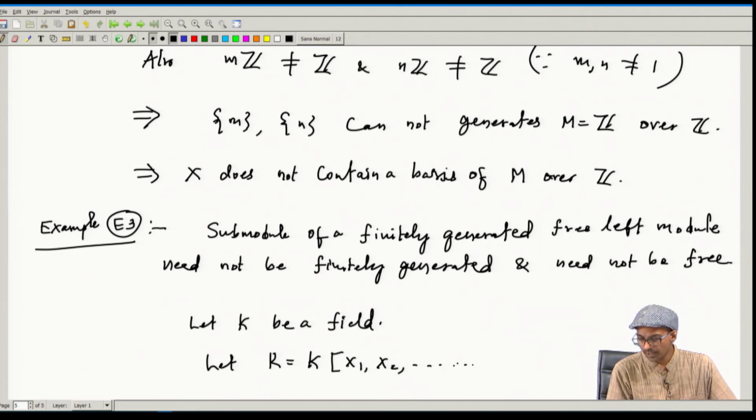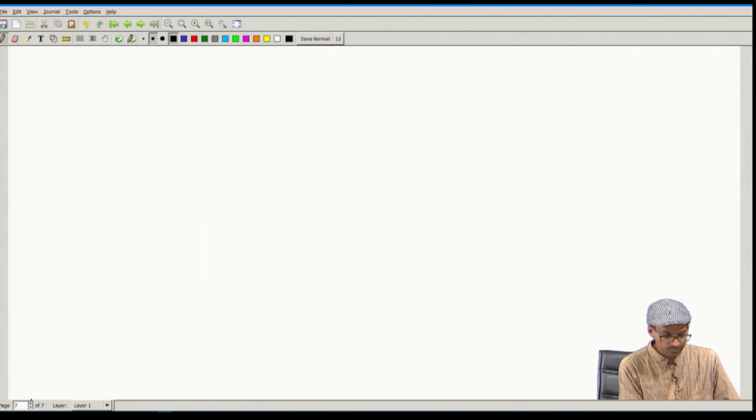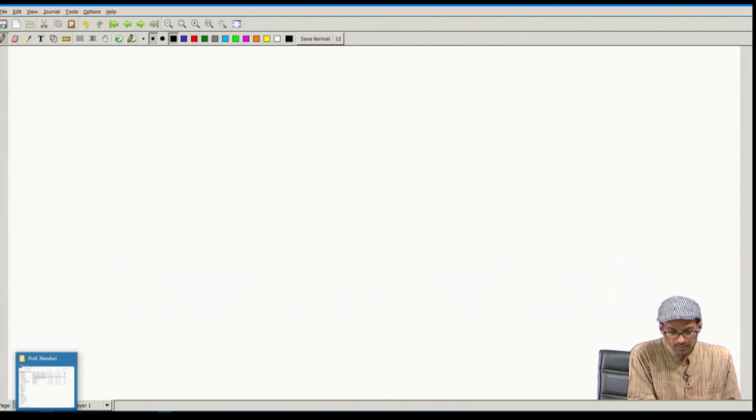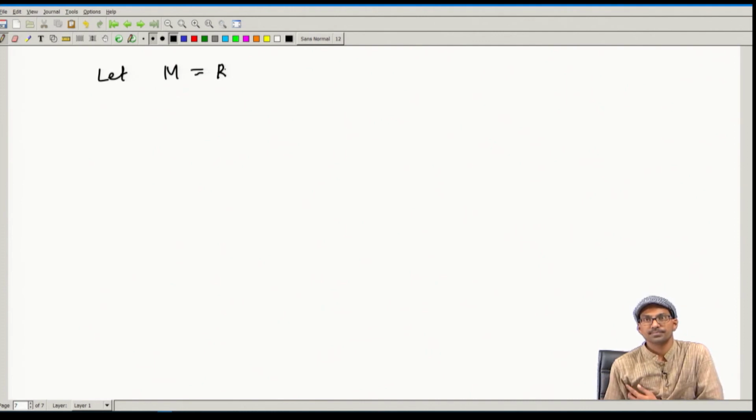I have infinitely many variables, a polynomial ring in infinitely many variables. So let M be equal to R itself.